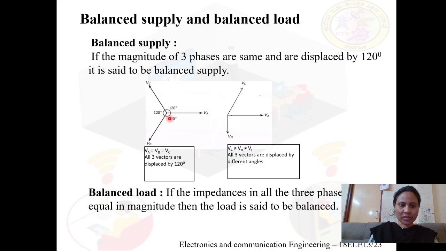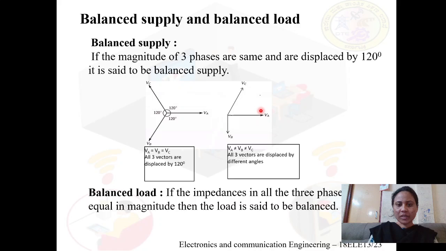So we can see here in this example the phase voltages VA, VB and VC. The magnitudes are equal, that is VA is equal to VB is equal to VC, and they should also have a phase displacement of 120 degrees with each other.